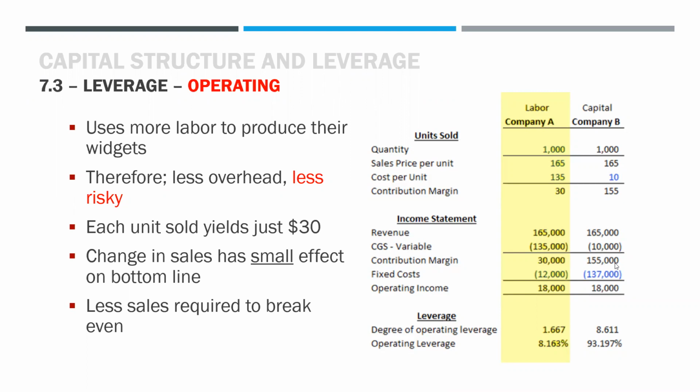You got machines automating your processes, you have more machines, you got a lot more expensive items which are being depreciated, those being your fixed costs. So for the company who is using more labor, they're going to have to pump out a lot more product in order to break even.